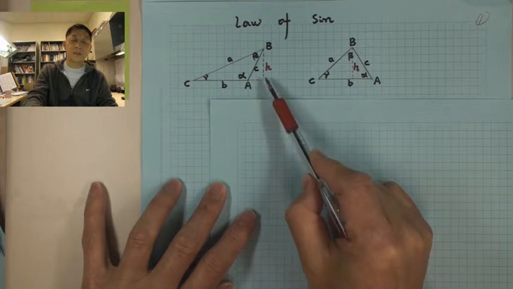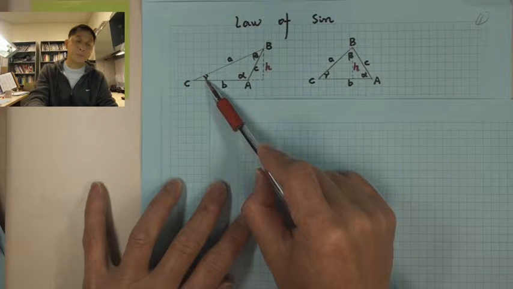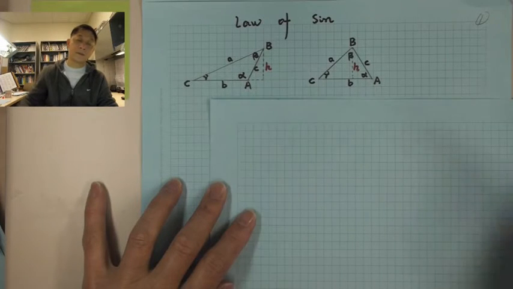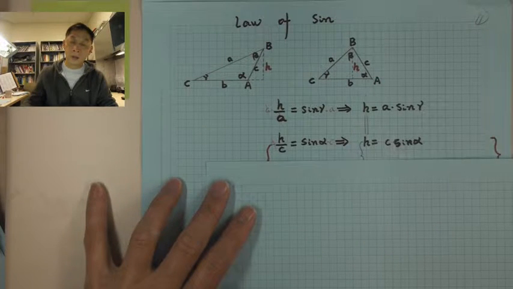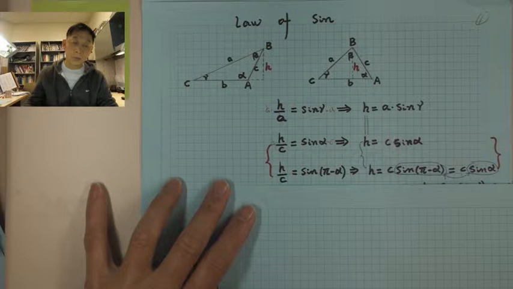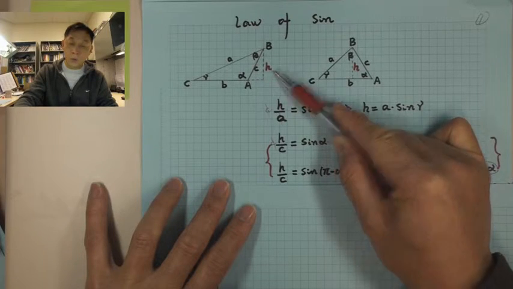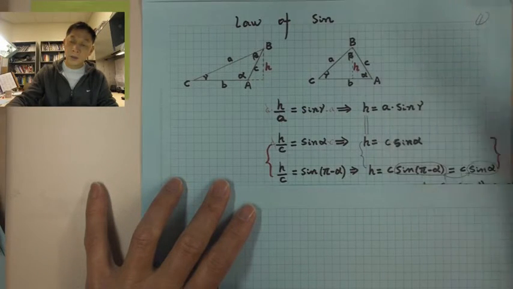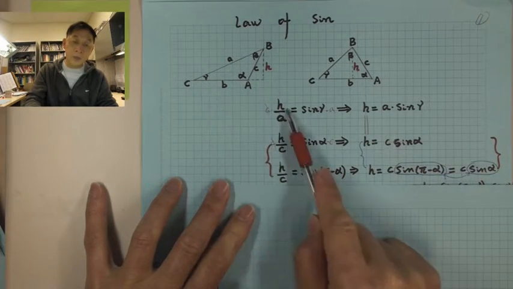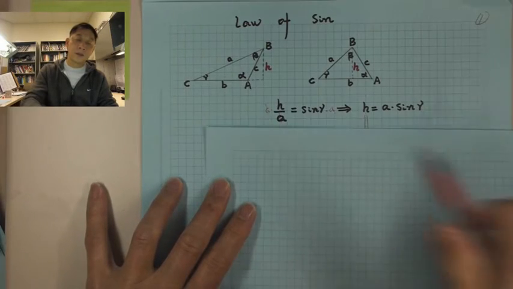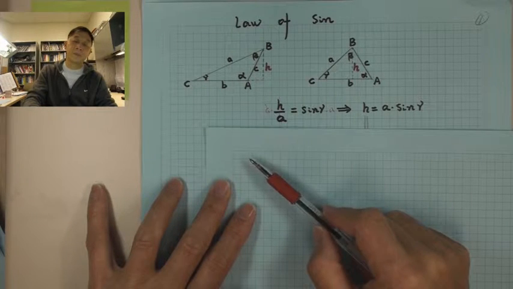So you have H over A is sine gamma again.